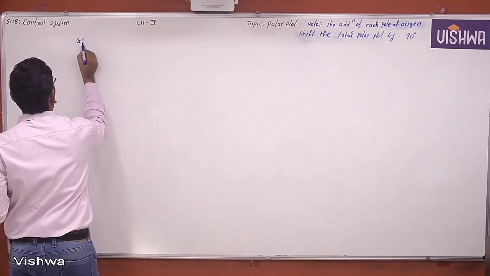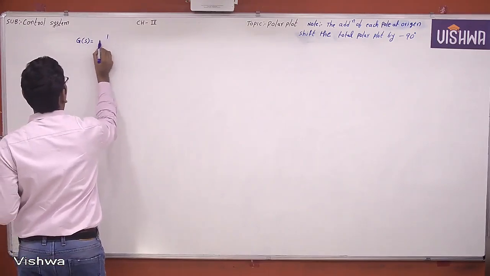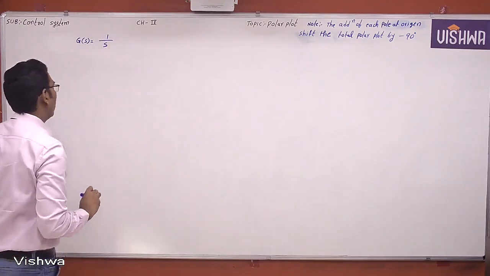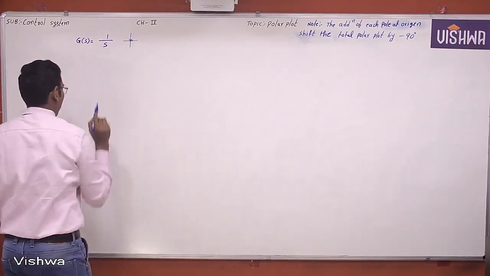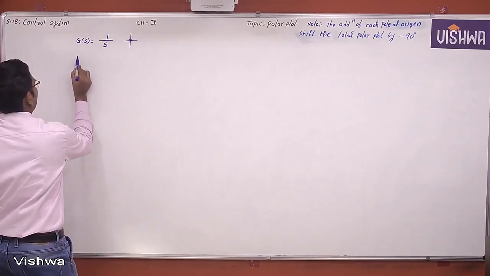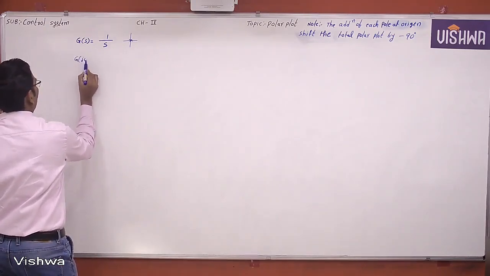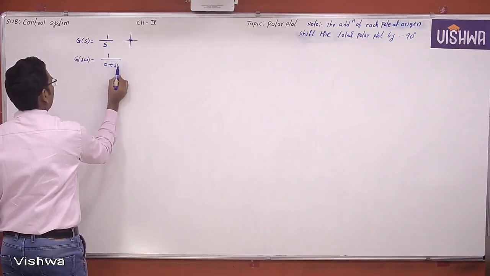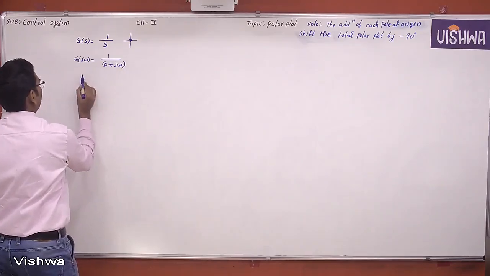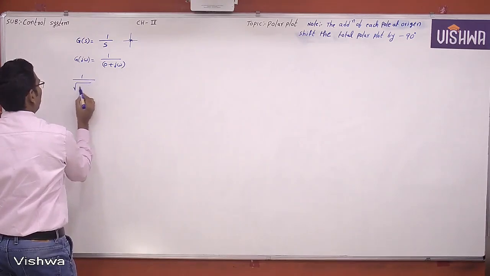G of S equal to 1 by S. What is this? One pole at origin. Replace S equal to j omega. G of j omega is 1 divided by 0 plus j omega. Then what is the magnitude? 1 divided by square root of A square plus B square.